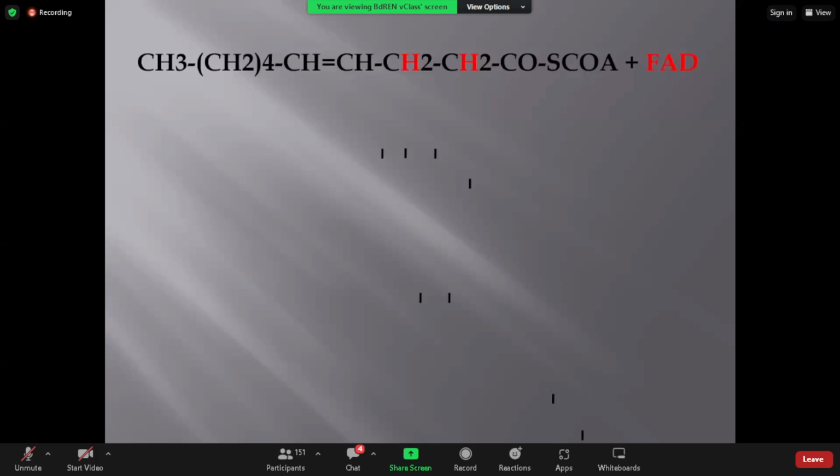This is first dehydrogenase, second dehydrogenase, hydration, and cleavage. Beyond these 4 steps, this FAD directly accepts 2 hydrogen and converts into FADH2.